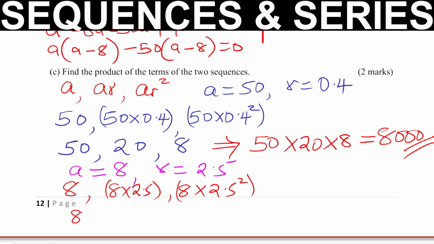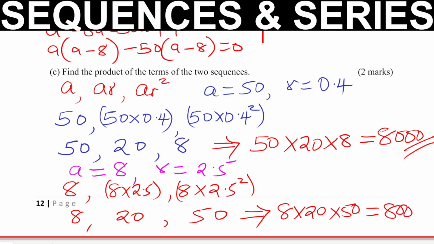So this will give 8. 8 times 2.5 will give 20. And then 8 times 2.5 squared will give 50. So again, the product of the terms of this sequence will be 8 times 20 times 50, which again will give 8,000. So that is how we find the product of the terms of the two sequences, and that is how we're supposed to solve that question.